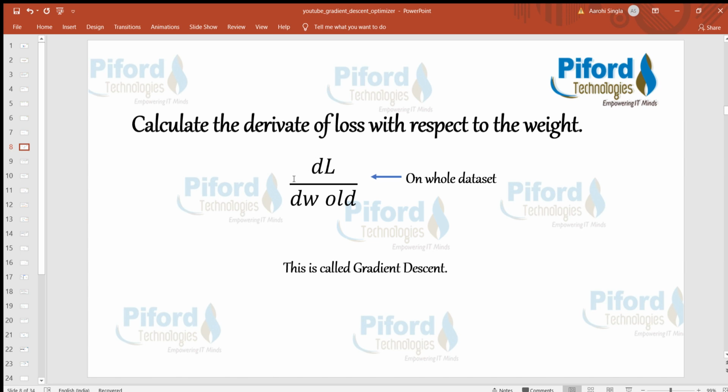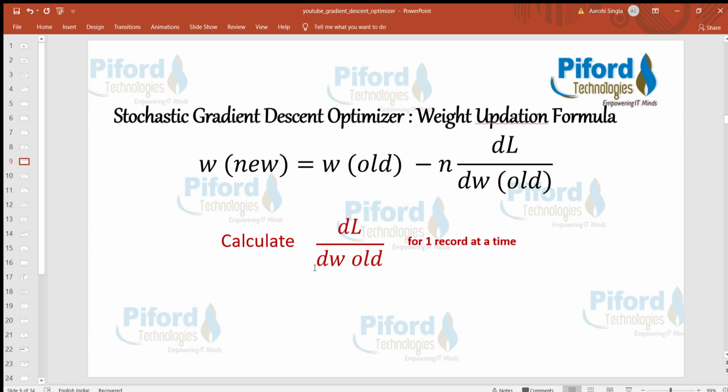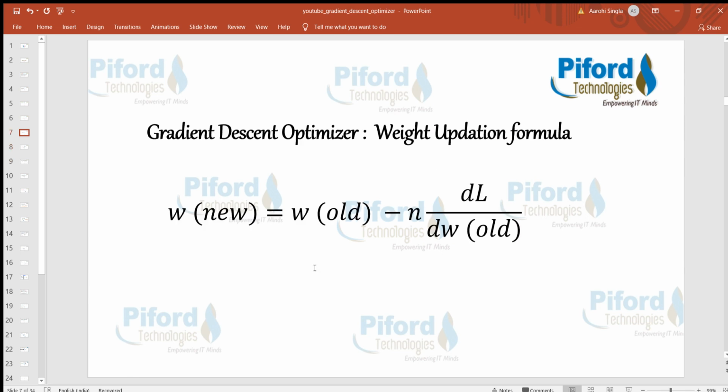We are calculating the derivative of loss with respect to the derivative of weight, on the basis of the whole data set. And this particular process, this dL by dW, is the gradient descent technique which we are using. So this is what the gradient descent optimizer is.